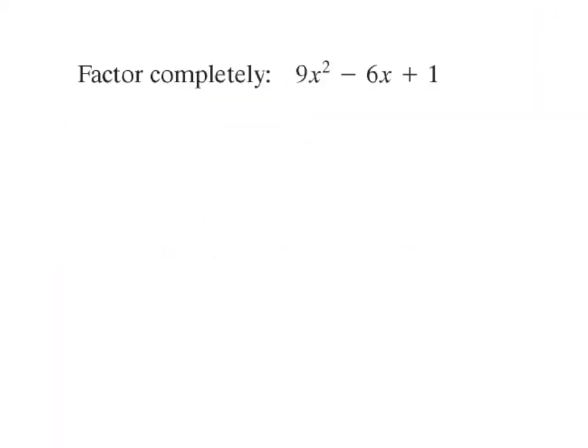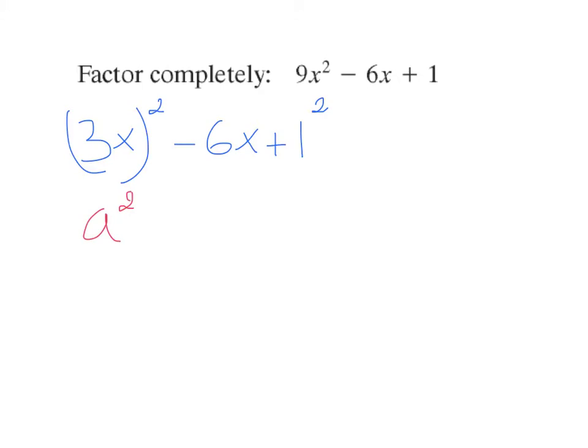Well, here we have another example. We have 9x squared, which we can change to 3x squared, minus 6x plus 1. Well, 1 we can make as 1 squared. Now we have a squared and b squared and we have a minus.